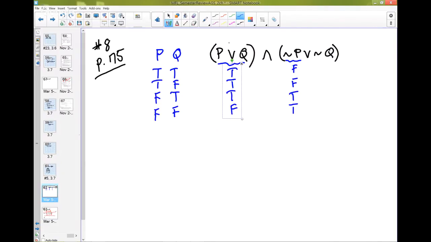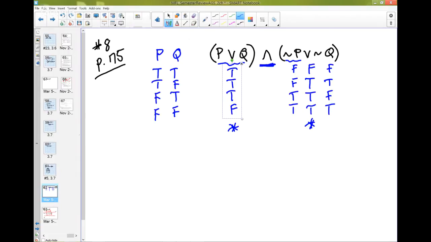And not Q would be false, true, false, true. And again, we want to do an or. So only false when both are false. False, true, true, true. So now this answer, along with this answer, we need to and them.